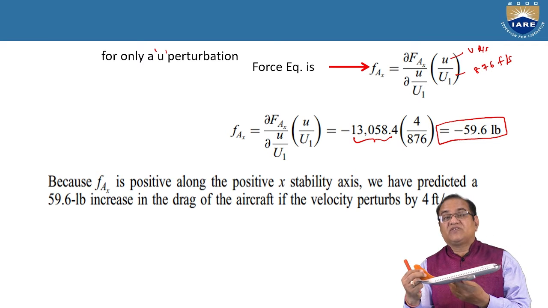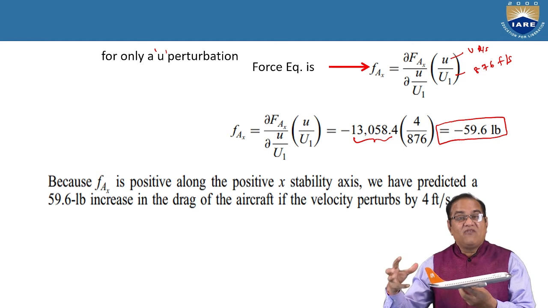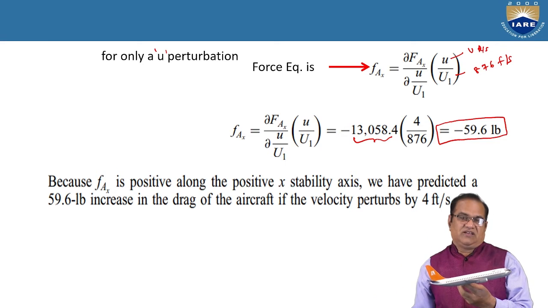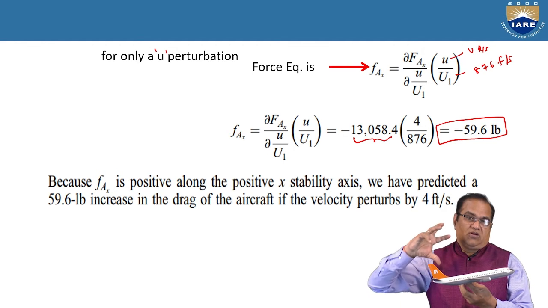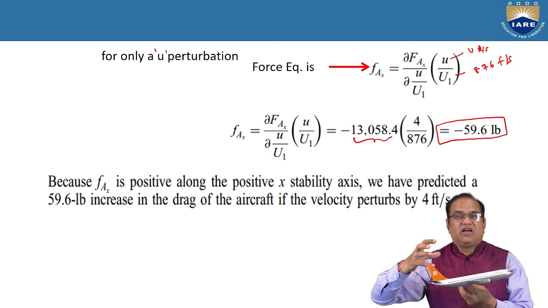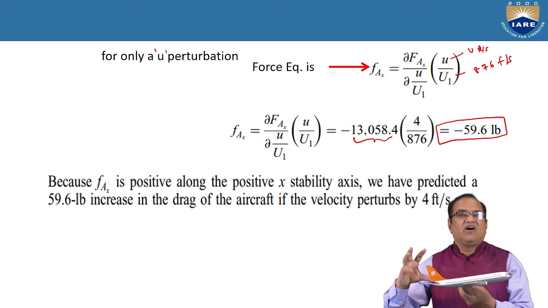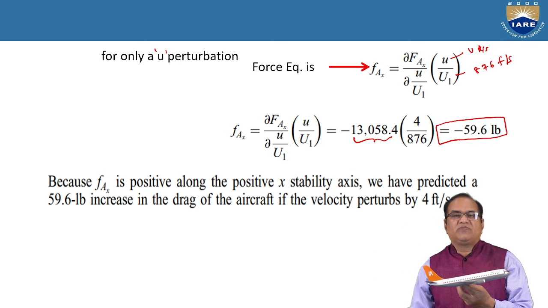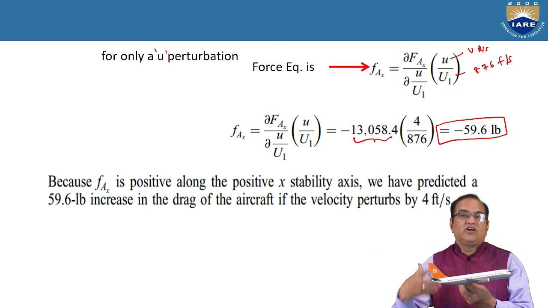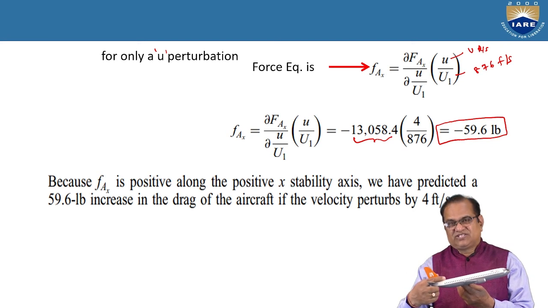Fuel consumption will also increase, and power also needs to be generated. More thrust will be generated, more fuel will be given to the combustion chamber, or a higher rotation of the propeller has to be given to achieve this thrust.